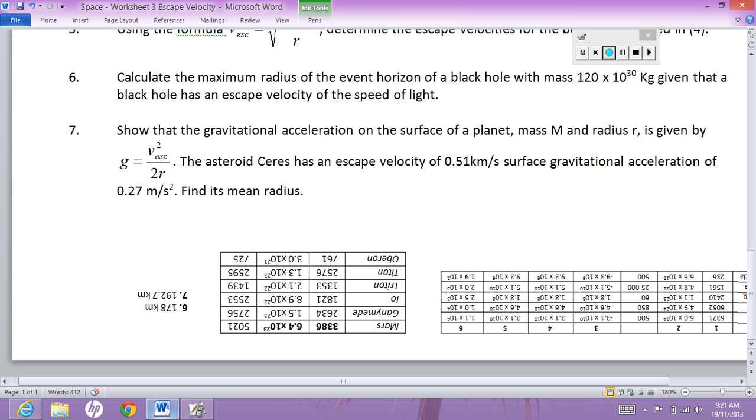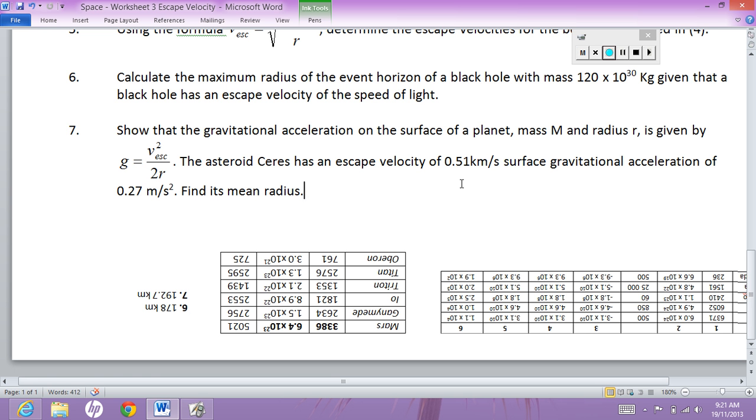Finally, we've been asked to use this information to find the gravitational acceleration. So we know the escape velocity is 0.51 kilometers per second. We notice that's in kilometers, and we need to find the radius. So we're going to place the values into that formula.